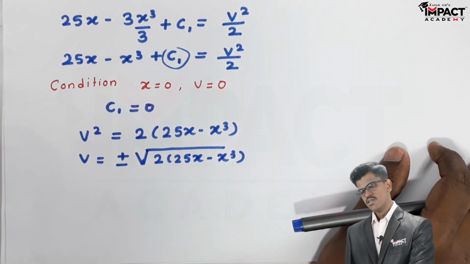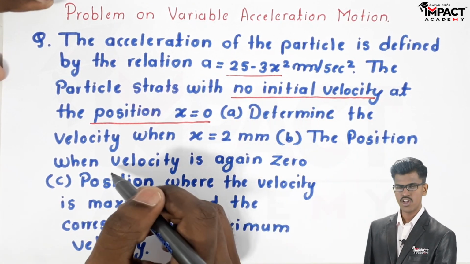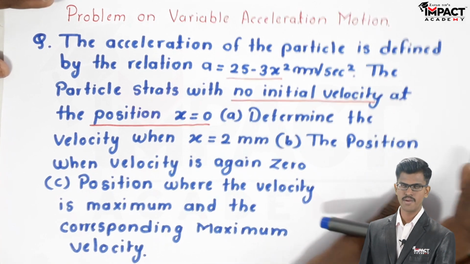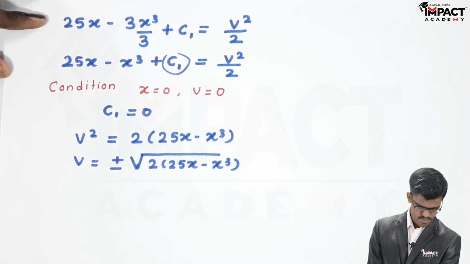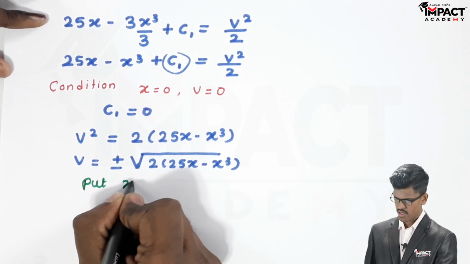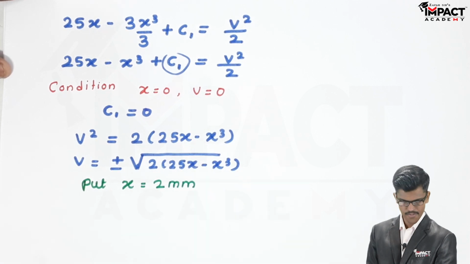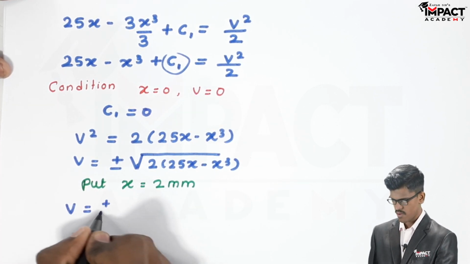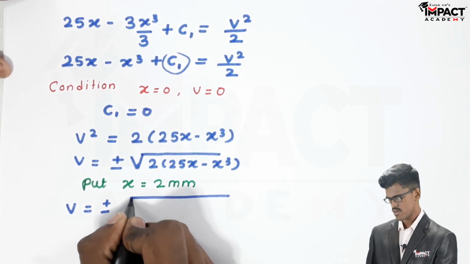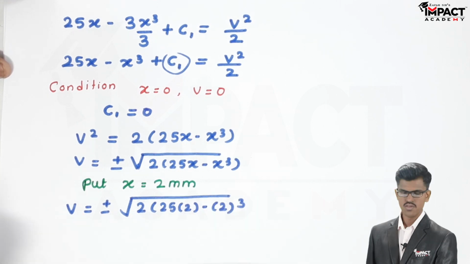First, they ask to determine the velocity when x = 2 m. So simply substitute x = 2 mm. We get v = ± the root.